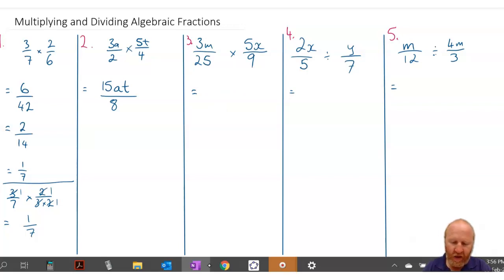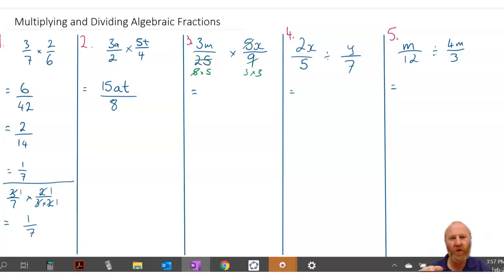I can see here that I have several sets of factors that match. This 25 could be rewritten as 5 times by 5. This 9 could be written as 3 times by 3. And now that I've done that, I can do some cancelling. One of the 5's here can cancel with a 5 in the other fraction.